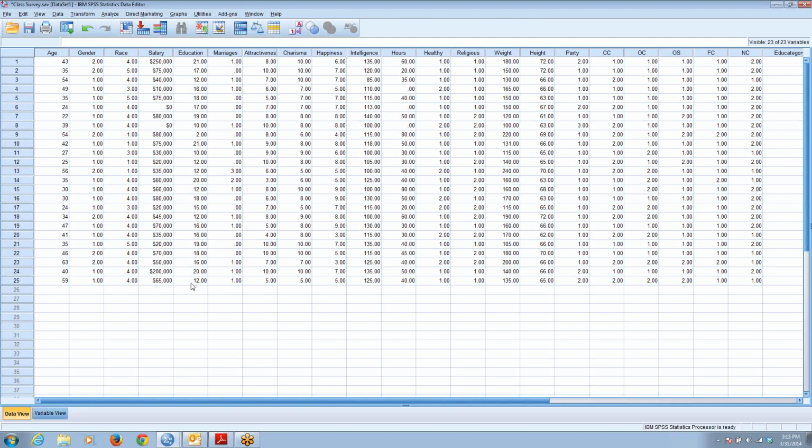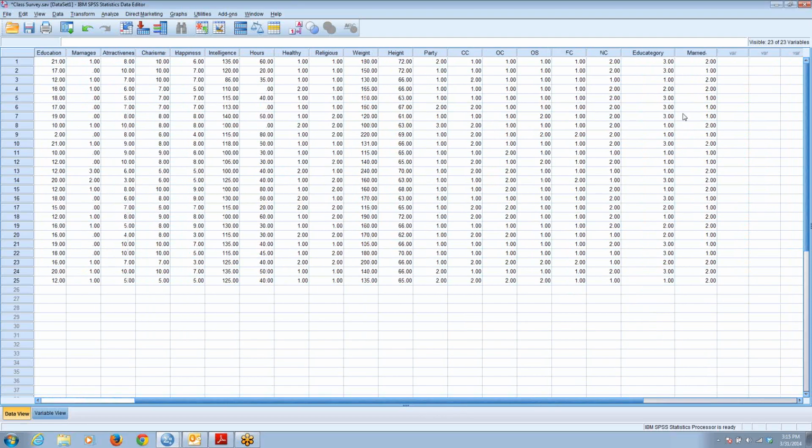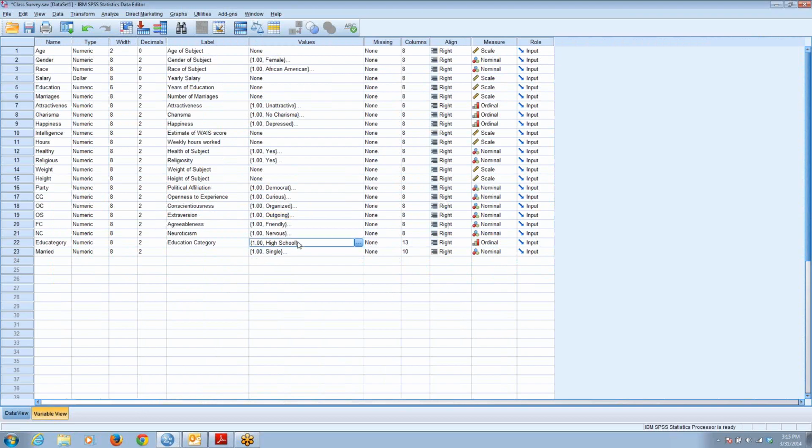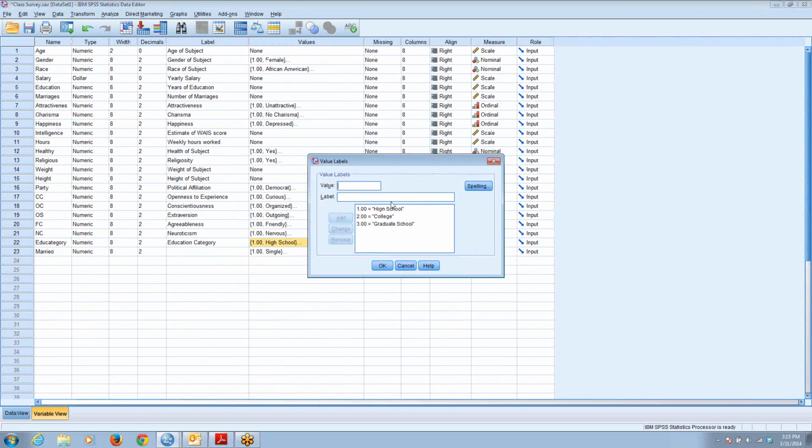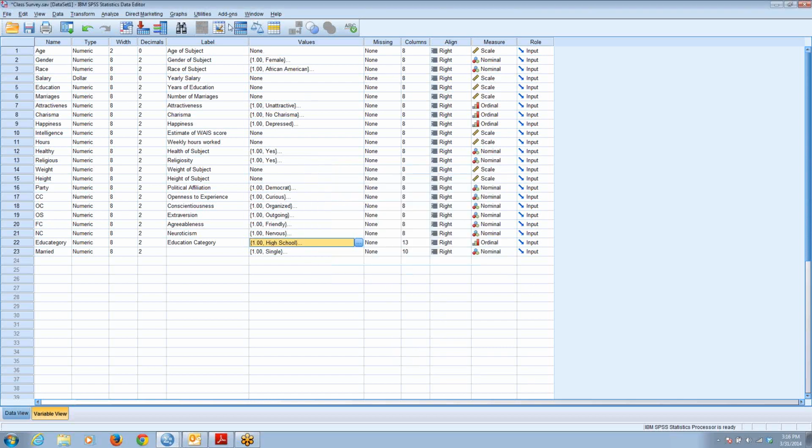It ranges between 0 and 21, but I recoded that into edu category. And edu category was one of three choices: high school, college, or graduate school level of education. So by putting it into three categories, I can now look at it in an ANOVA situation.